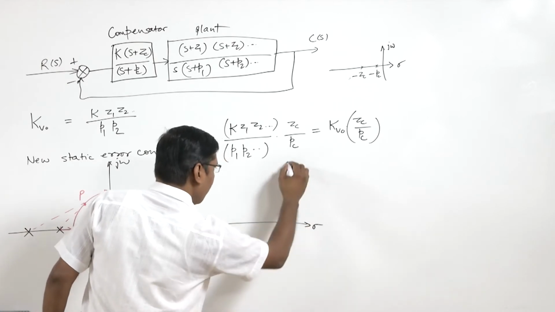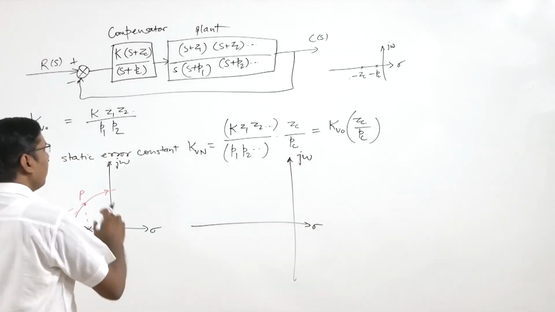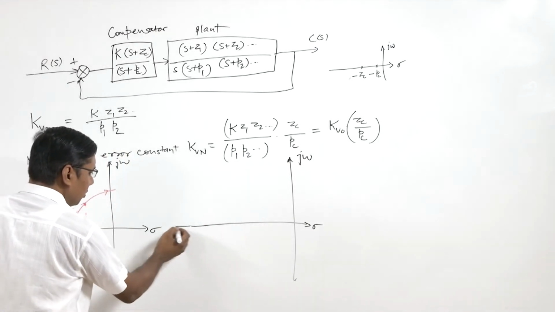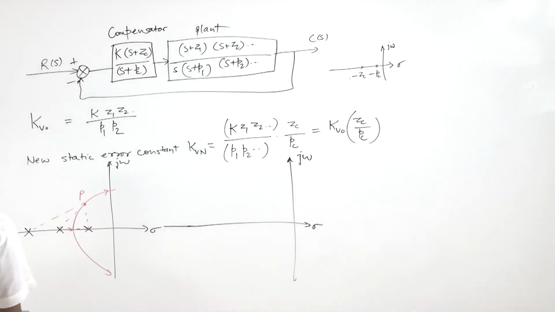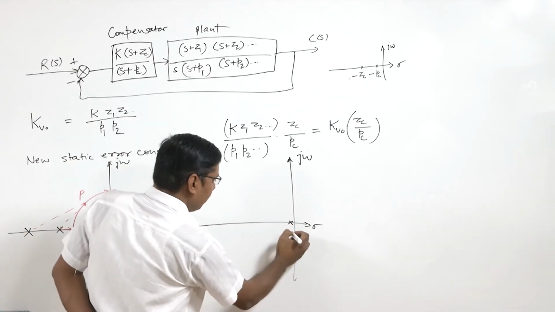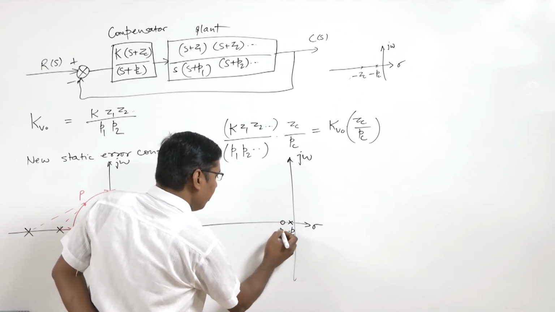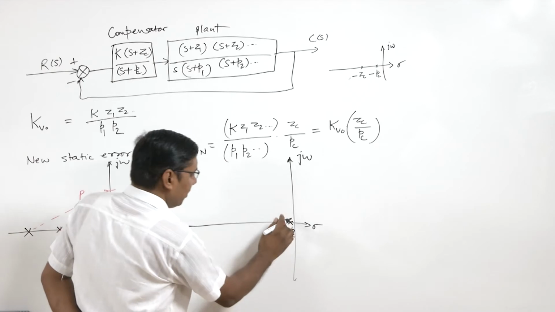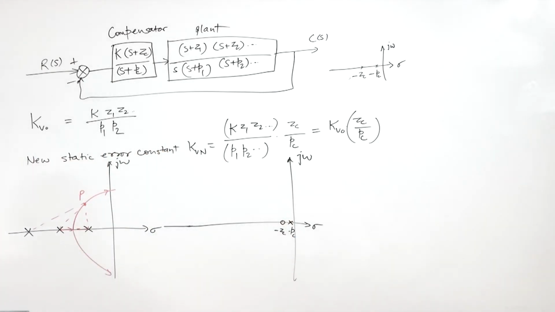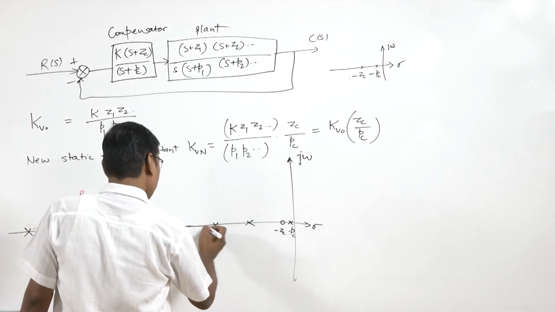So when we are adding this compensator, what will be the new root locus? We will have one pole near the origin, that is minus pc. Then there will be one zero, minus zc, near this pole, and then these are the three open loop poles here.